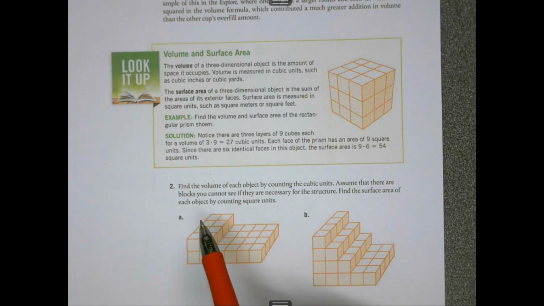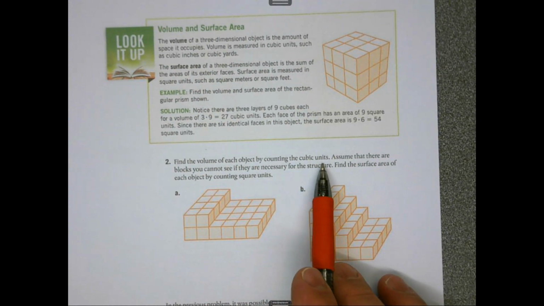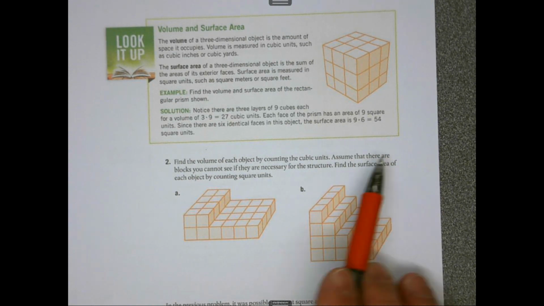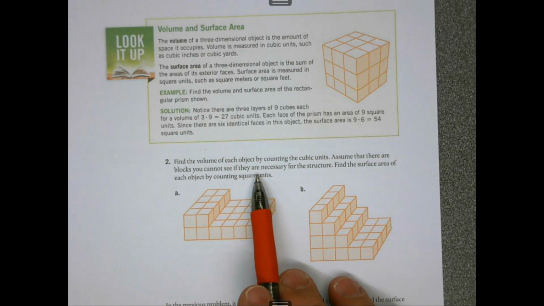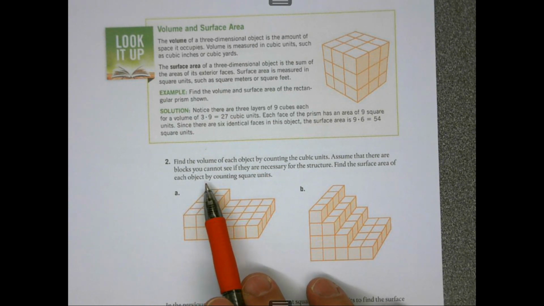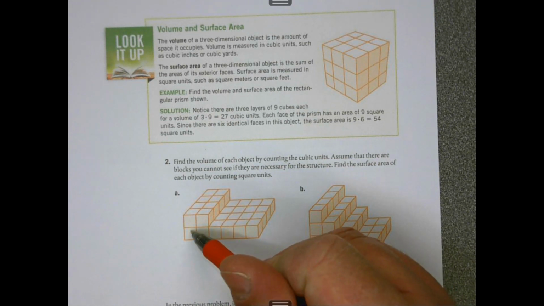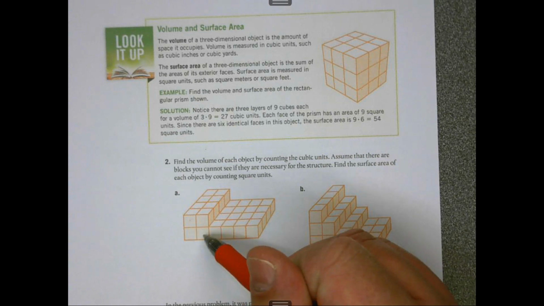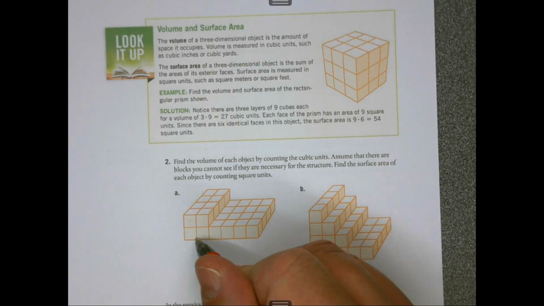It says find the volume of each object, counting the number of cubic units. Assume that there are blocks that you cannot see, if they are necessary for the structure. Find the surface area of each object by counting the number of square units. Well, if we look at the face or the surface area of this first higher one, the surface area here is going to be 4.